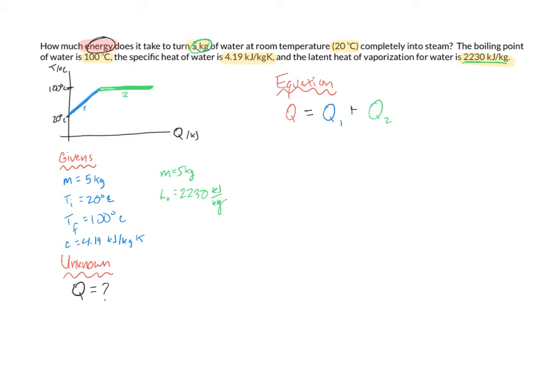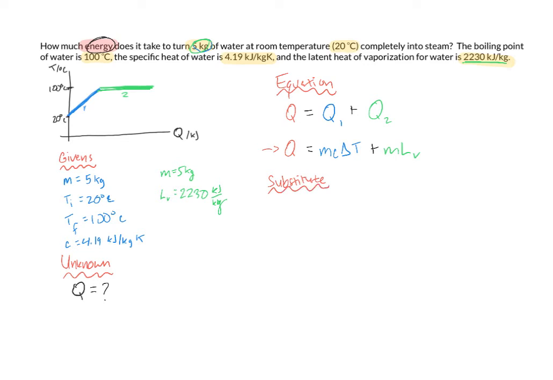Or, perhaps a little more familiarly, Q is going to equal mcΔT plus mL_v, where we put in that v for the latent heat of vaporization. And that is going to be my equation. What's really nice is that Q is already on its own, which means I don't have to do any manipulating before I move on to the substitution step.